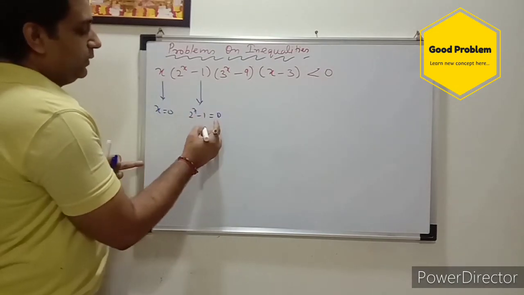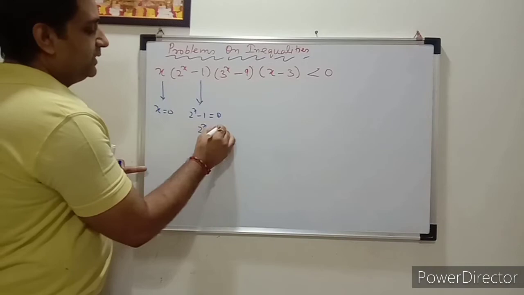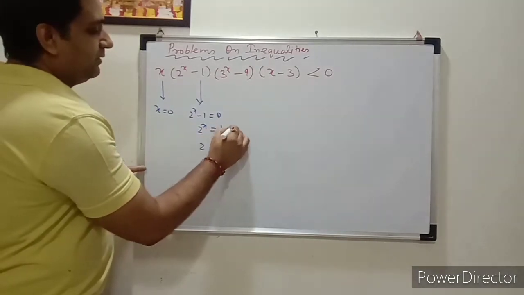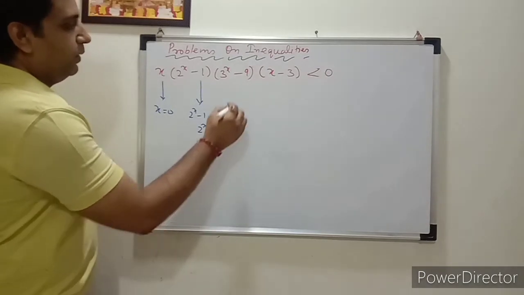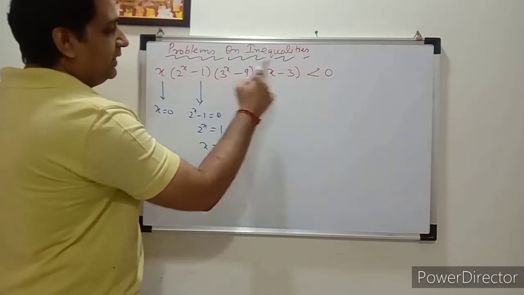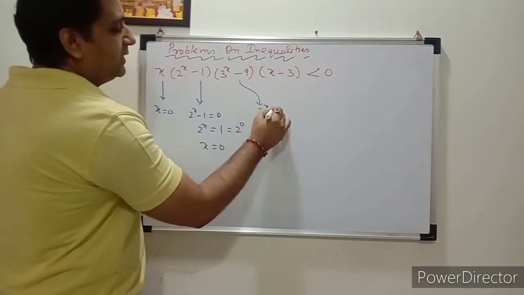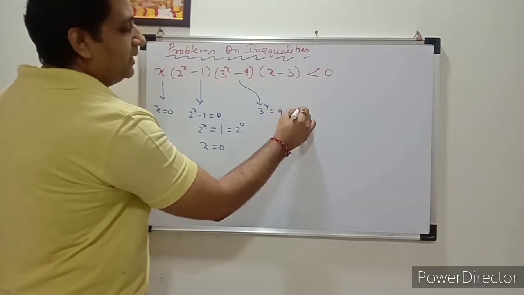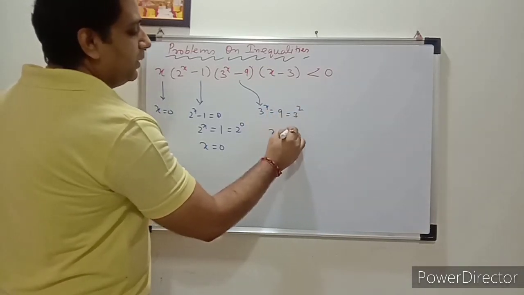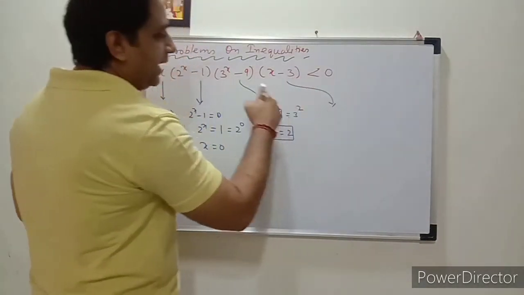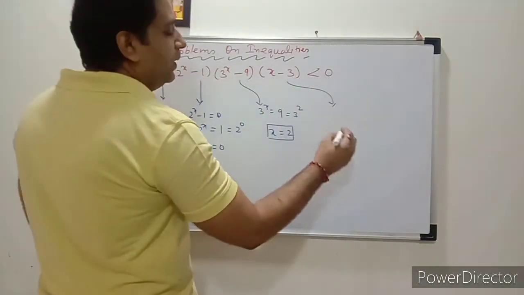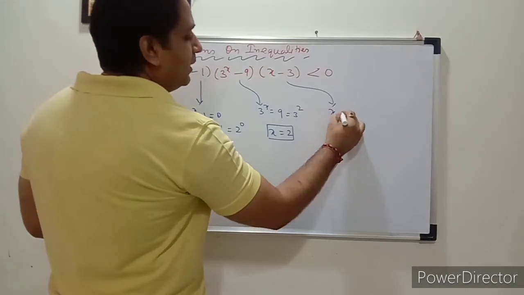So it is 0, and 2x = 1, that is x = 1/2. And when you equate this one with 0, it gives 3x = 9, which is nothing but 3², so x = 2. Now for this bracket, x - 3 = 0 gives x = 3.